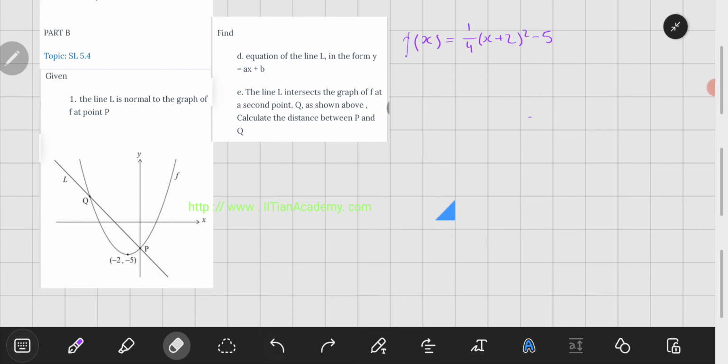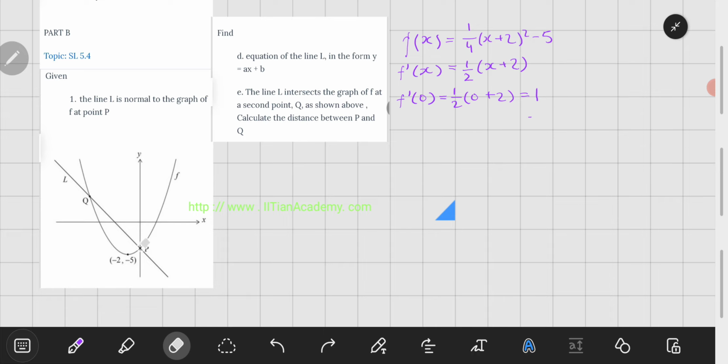So we have our equation here, and if we differentiate our first equation, then we get 1 over 2 x plus 2. We can find the slope of our parabola at point P, which is at our y-intercept, so x will equal 0.